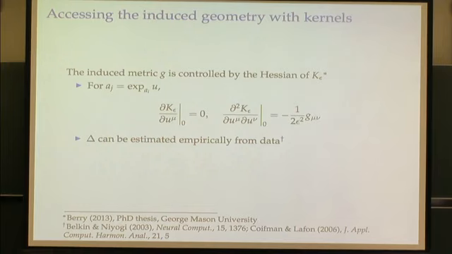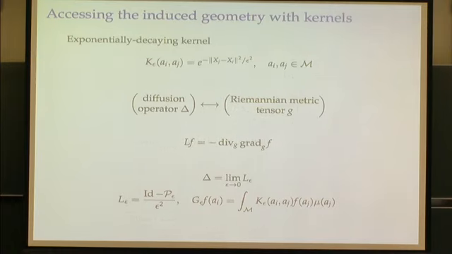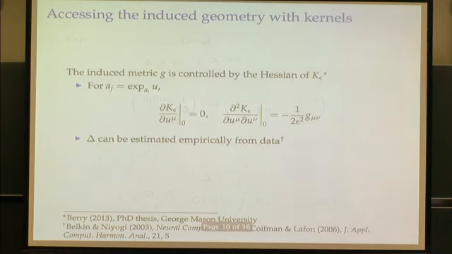So this motivates the fact that we can control the geometry on our data by appropriate choices of k. In this case, we had an isotropic Gaussian kernel, and that led to basically the Laplace-Beltrami operator associated with the embedding of our manifold in delay coordinate space. But in general, we could work with other kernels and create different metrics to suit our particular task.